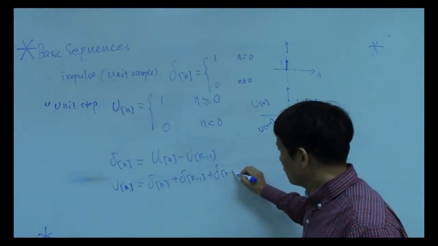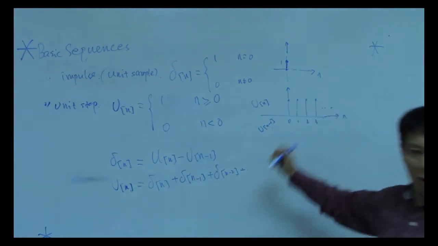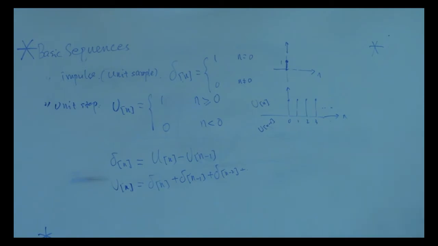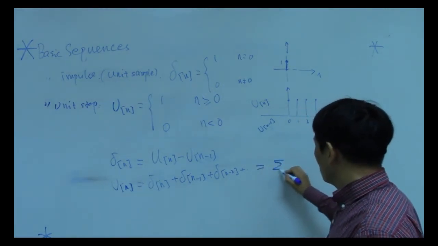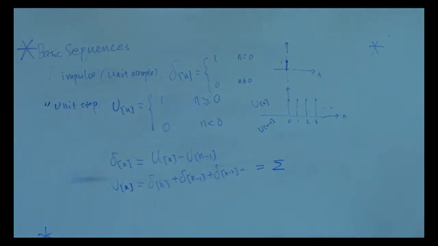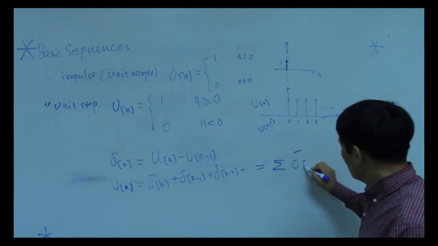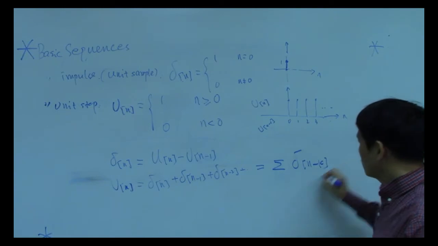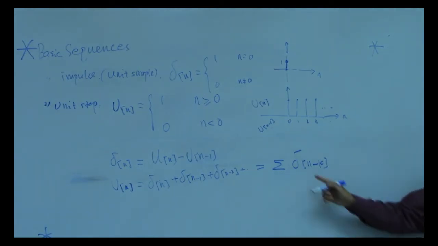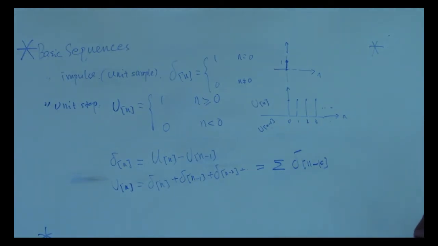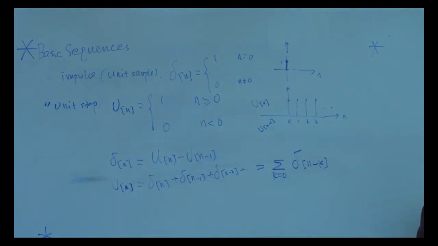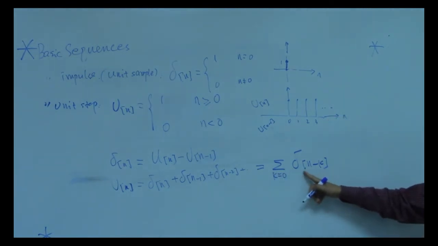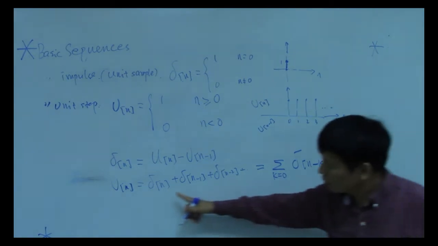Alright, then what's the next one? δ[n minus 2]. Then we have infinite terms, right? But we don't want to write it like this. Instead we are going to write a summation, and this one here, δ[n minus k]. Both n and k are integers. So k needs to start from 0, and the first term is k equals 0, so that is δ[n].